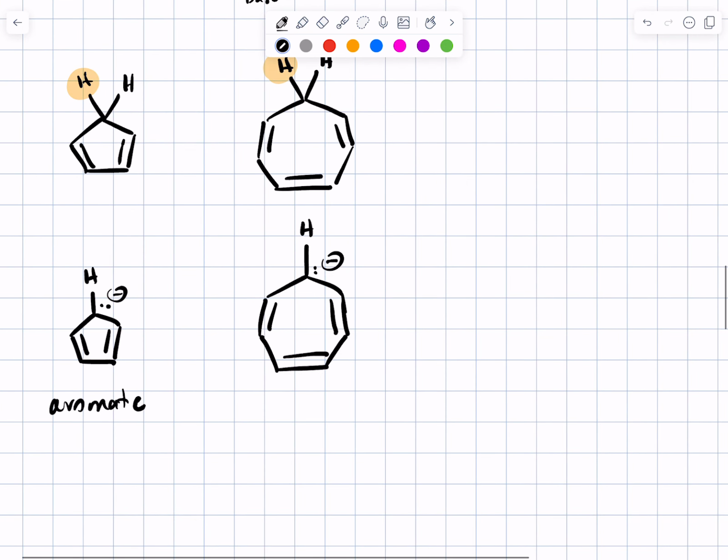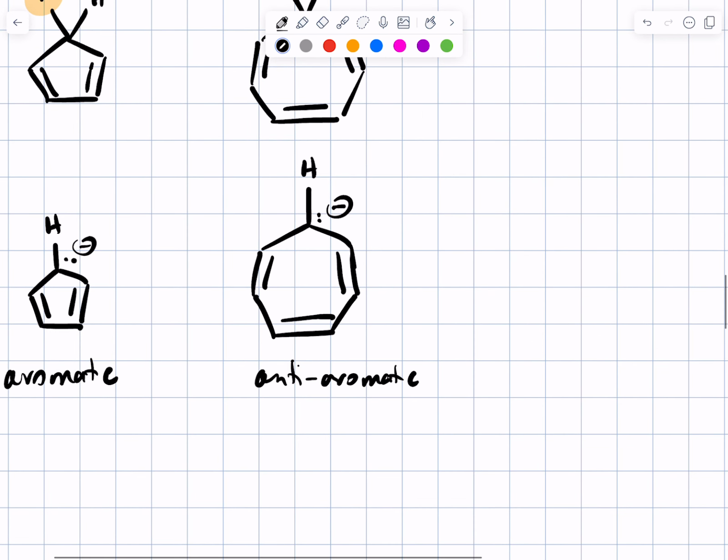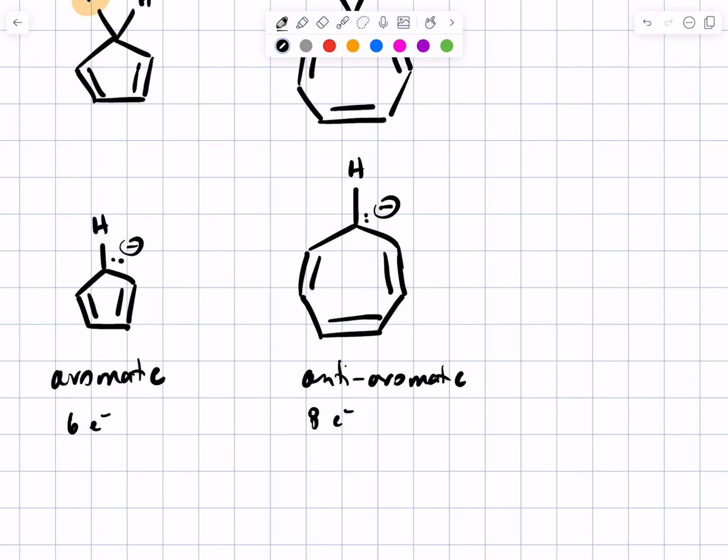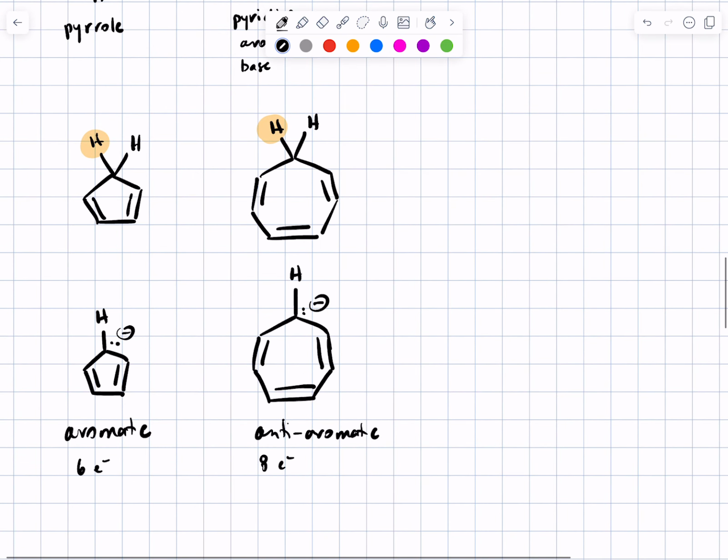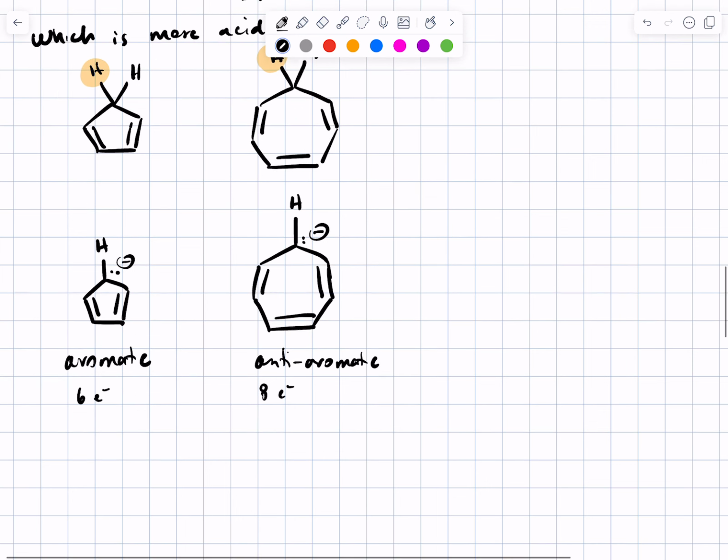How about this one? It would be anti-aromatic, right? It has 8 pi electrons versus 6 pi electrons. So let's go back and use that to answer the question about which is more acidic and why.